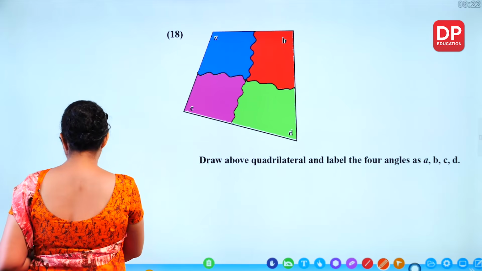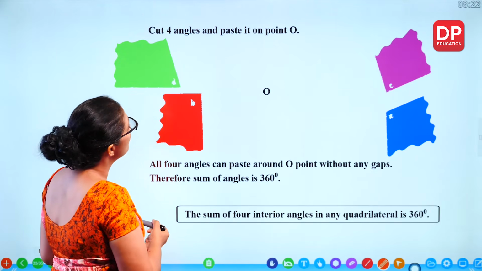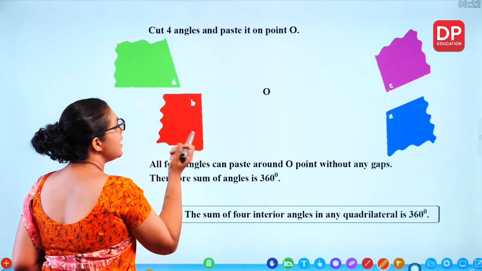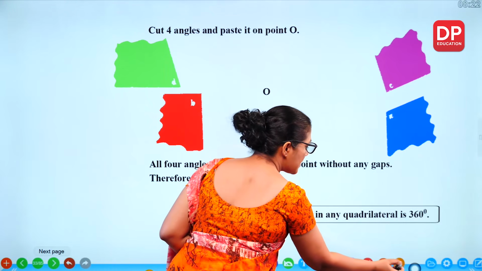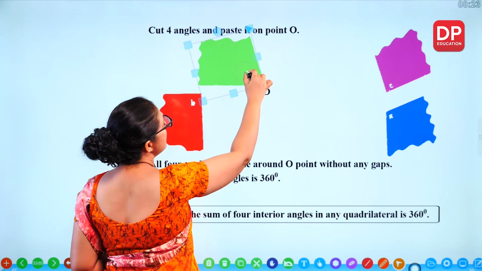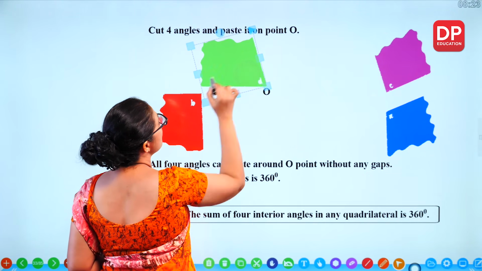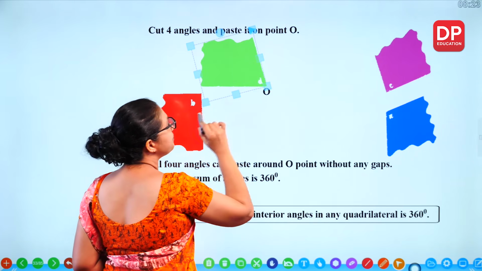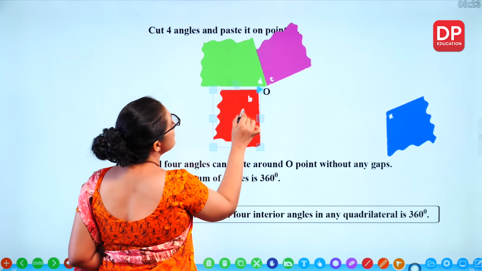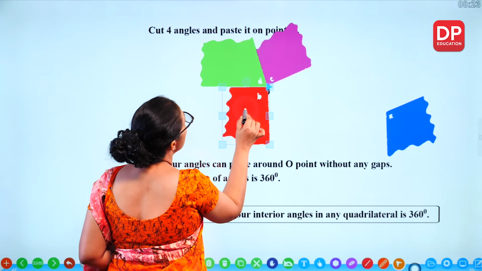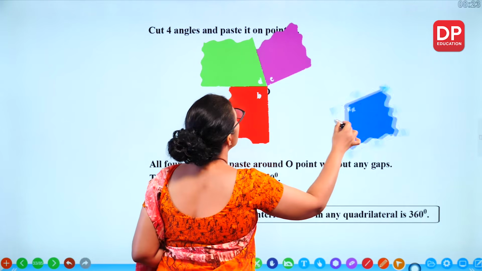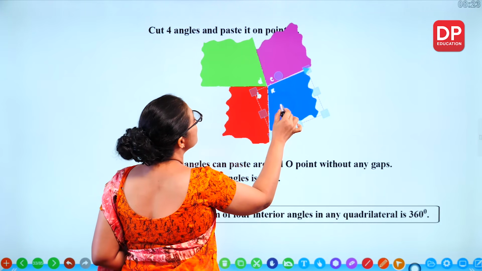So we'll see what happens to the sum. So these are the four pieces. Now take any point in space and try to fit these angles. So I'll take this one and fit it on top of this point. And take this one and this one, and try to paste them.